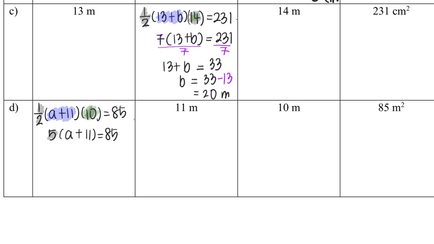And then I'm going to divide by 5 on both sides, so that here can divide off. I'm left with A plus 11. 85 divided by 5 is 17. And I'm going to minus 11 on both sides. A is 6 meter.